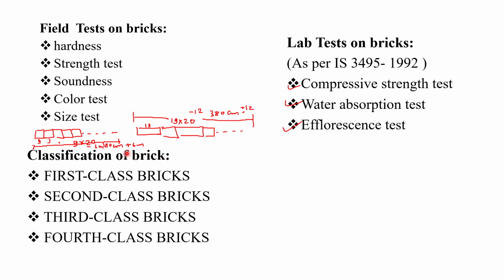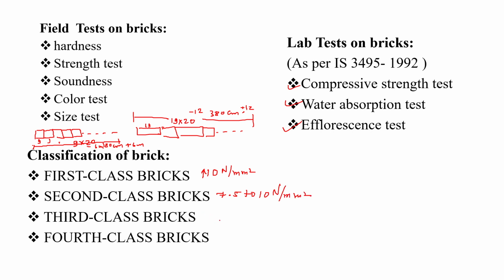Now classification of brick. First class brick is superior quality brick. I am writing here some technical data. First class brick should have strength more than 10 Newton per mm square. Second class brick should have strength between 7.5 to 10 Newton per mm square.